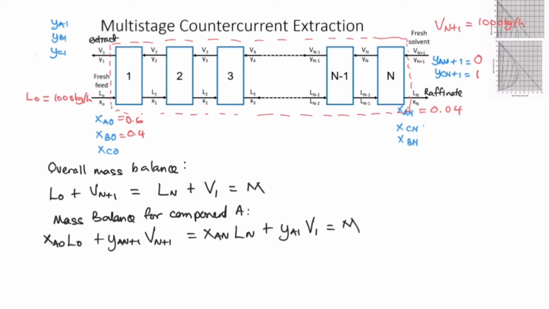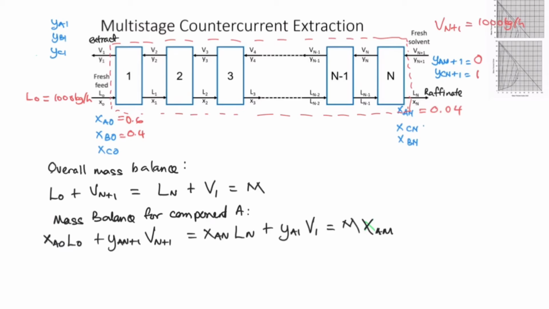Everything is equal to M multiplied by XAM, which is the composition for the mixture, the solute mass fraction of the mixture.